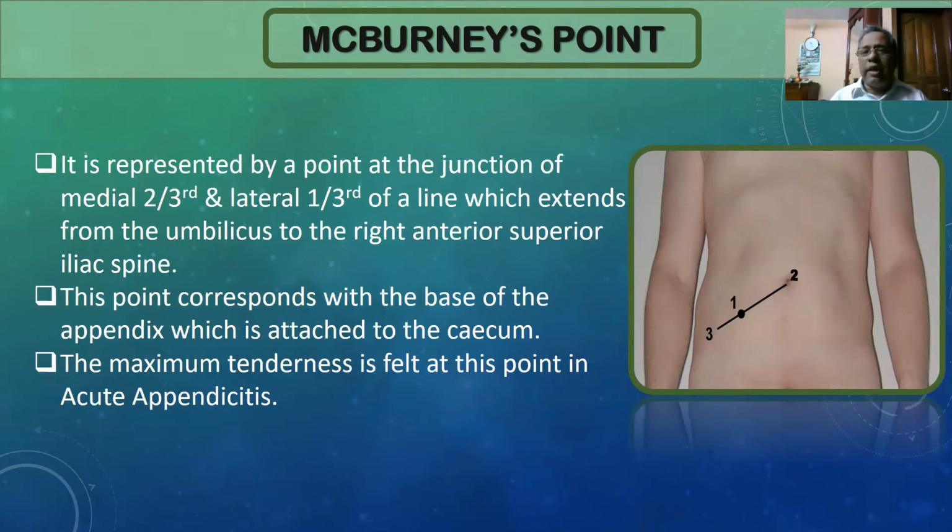Another important thing: in the long case, sometimes they ask, how can you identify the anterior superior iliac spine? Show me the anterior superior iliac spine. Most students make a mistake by palpating the inguinal ligament and going laterally.